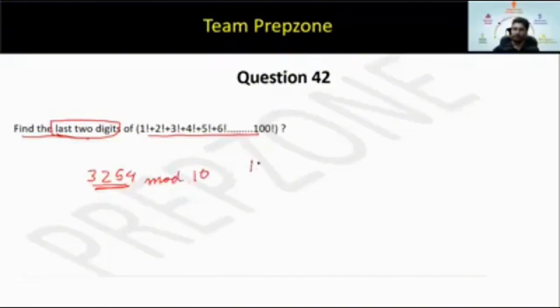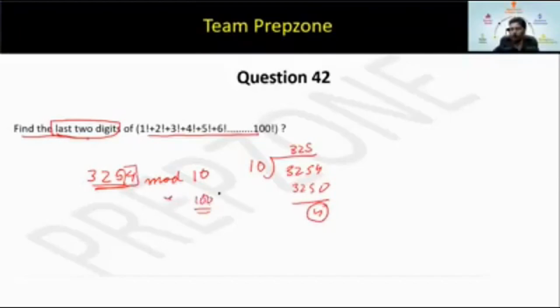Because if you divide 3254 by 10, this is 325, this is 3250. What is the remainder? 4. So the remainder is the last digit. If you divide this number by 100, then what will be the last digits? This will be 32, 3200. This will be 54. You will get the last 2 digits. For getting the last 3 digits, you will divide it by 1000 and so on.